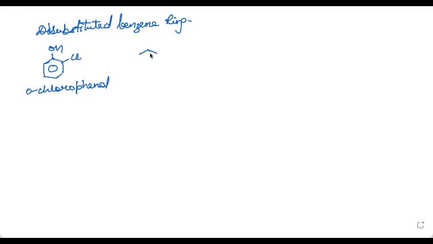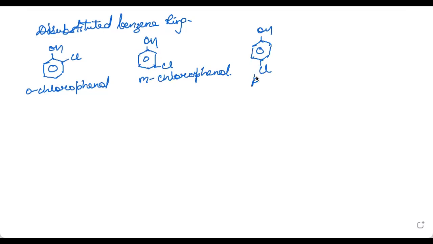So it is metachlorophenol. Then we have parachlorophenol. Now the carbon chain is the same, a 6-membered ring is there, benzene is there.